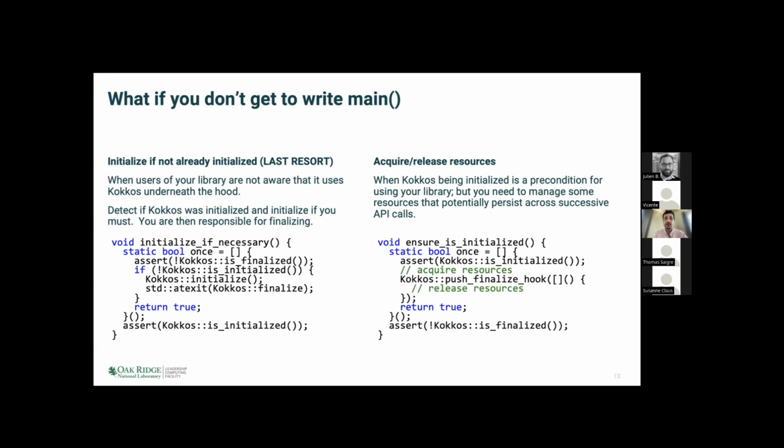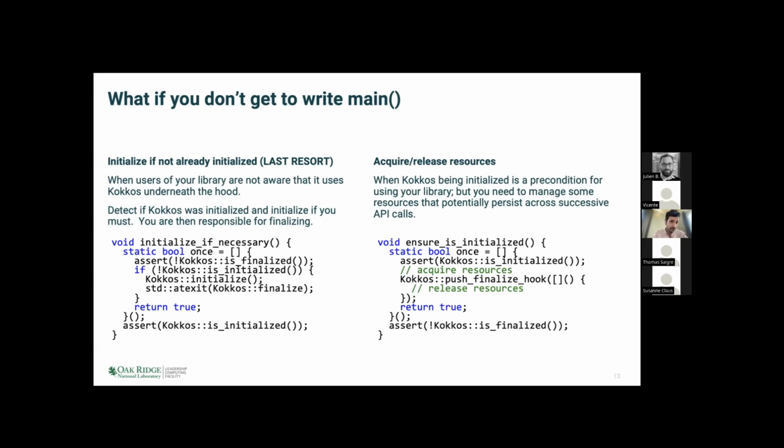Just tell your user that you use Kokkos and that a precondition to use your library is that Kokkos must be initialized before you use the library, and you must clean up everything before you can finalize. This is a very good, viable strategy.